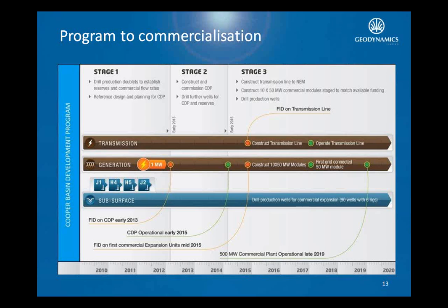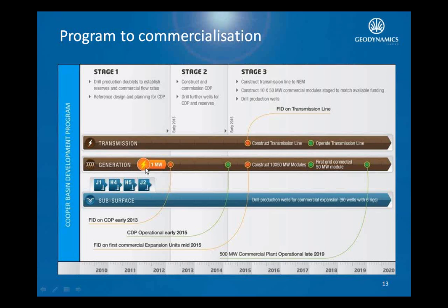We intend to do that in a modular fashion, so drilling a set of wells, and the model at the moment is 9 wells to feed steam and power into a 50 megawatt module, and then we'll dot those modules around the tenement area, around the reservoir field, and end up producing 500 megawatts. That power will be collated and then sent down the transmission line into the grid. I'll talk a bit more about the transmission line in a minute as well.